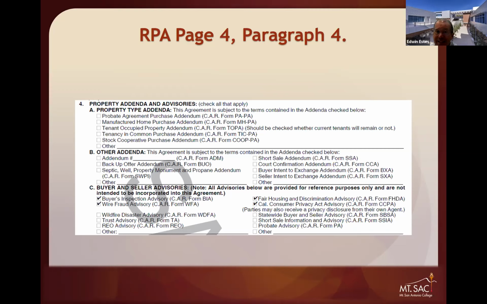In the TIC and the co-op, with the TIC, you're getting a deed, but for only a percentage interest in the whole. It's not a separate ownership. So CAR is working with DRE, because DRE is the one that approves subdivisions and quasi-subdivisions. And I like to call TICs, tenant in commons, and stock cooperatives as these quasi subdivisions. So these 2 forms are supposed to help you with that.